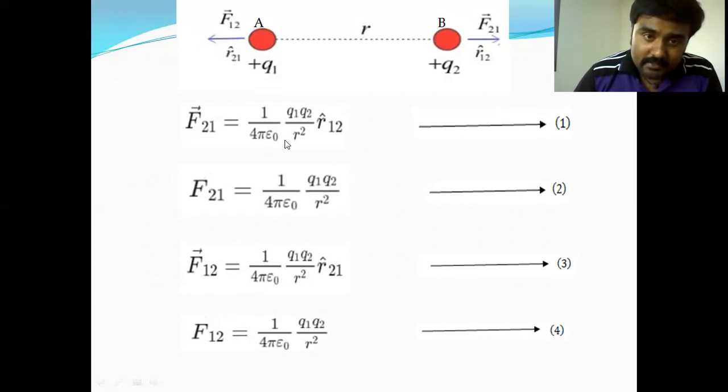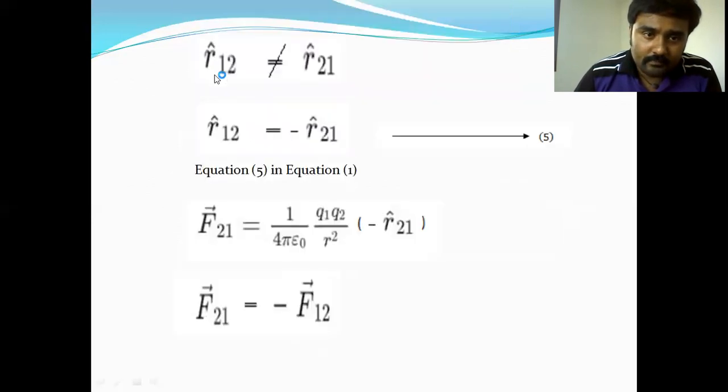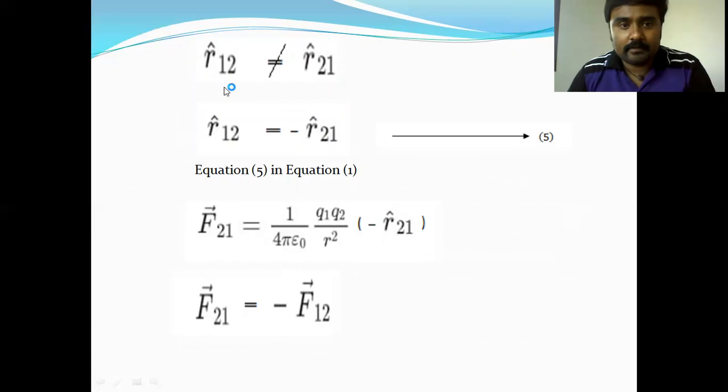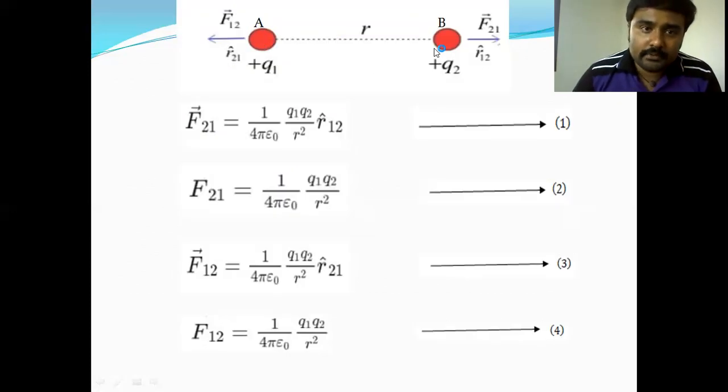The magnitude is the same, but the direction is along R21 cap, directed from Q2 to Q1.